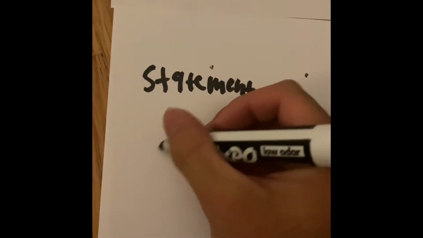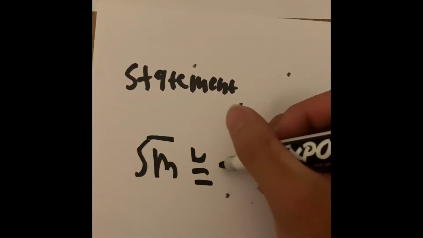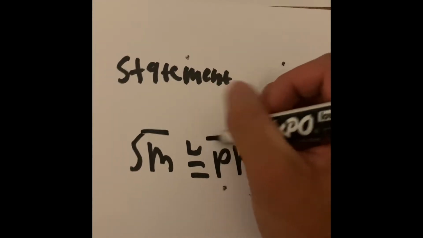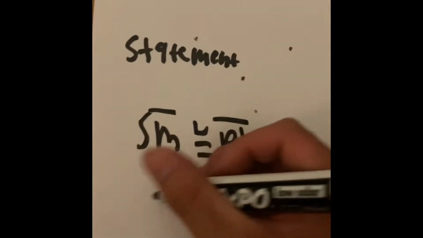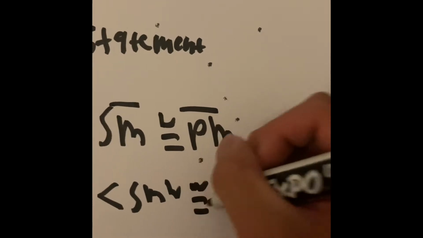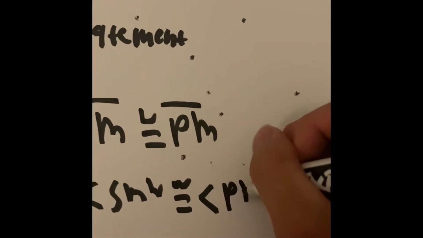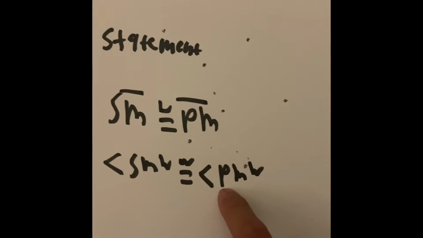So we already know that SM is congruent to PM. That was given to us. We also know that angle SMW is congruent to angle PMW. That was also given to us. But hang on, with this one, we can state something.